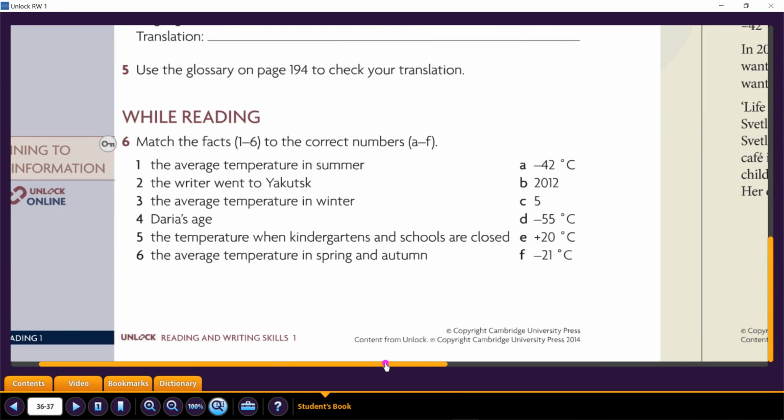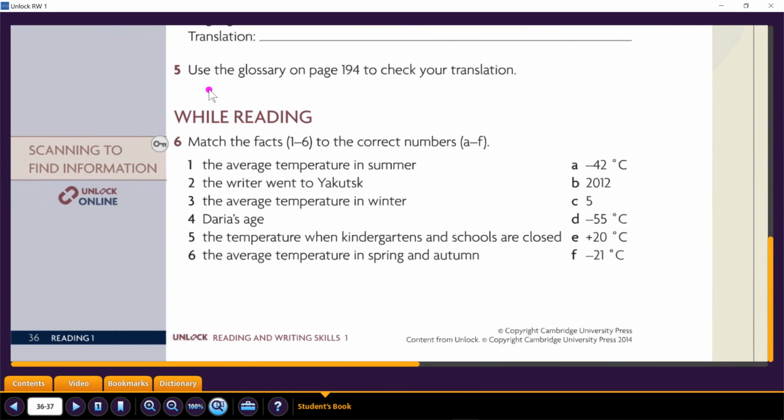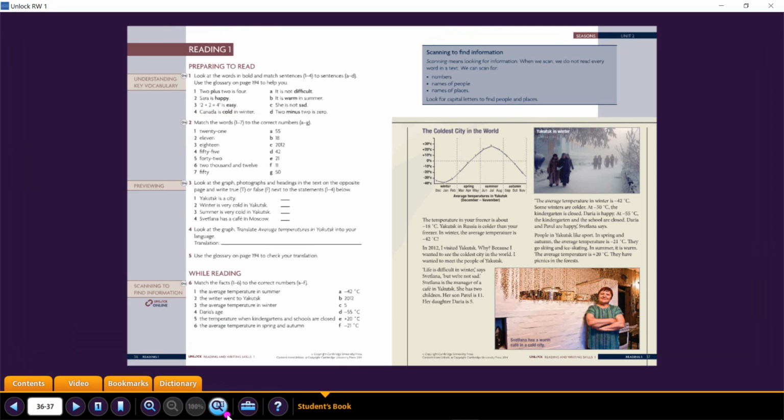Now, ladies, you need to start reading the text, but you need to remember to scan to find specific information about these sentences. Please, can you remember what is the meaning of skimming and scanning?